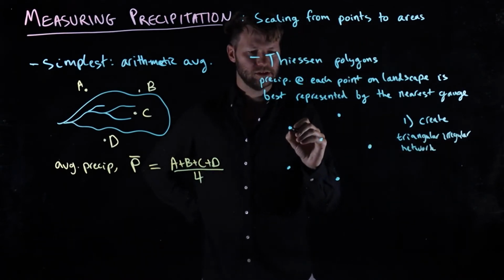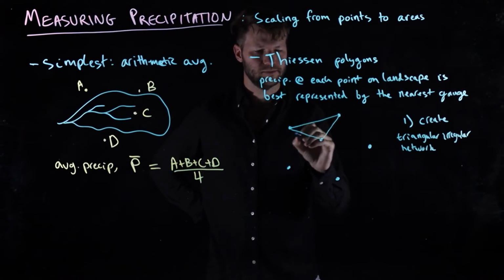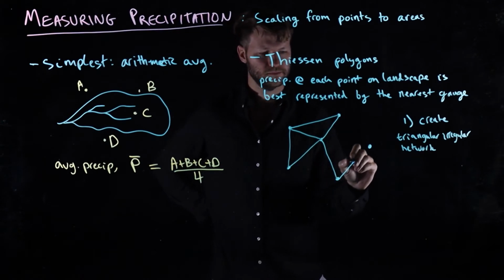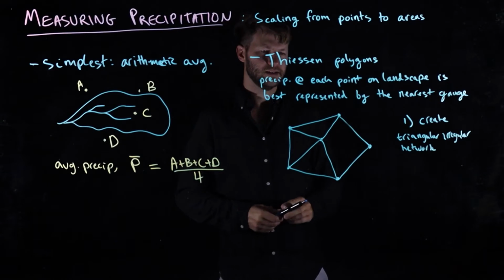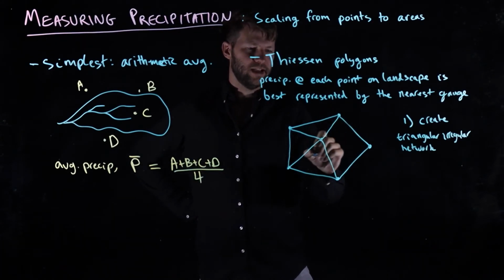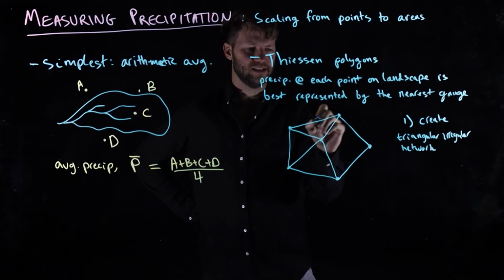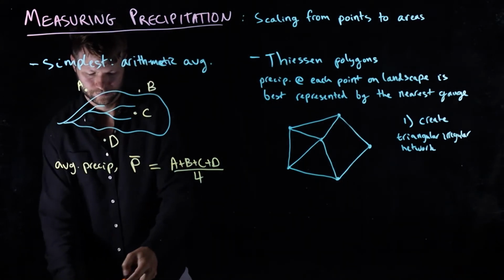And so you can imagine drawing straight lines between these points, where each point is a particular gauge. And the question is now, which area in this landscape is closest to this point, not one of these other points? And the way to do this is to then take step 2.